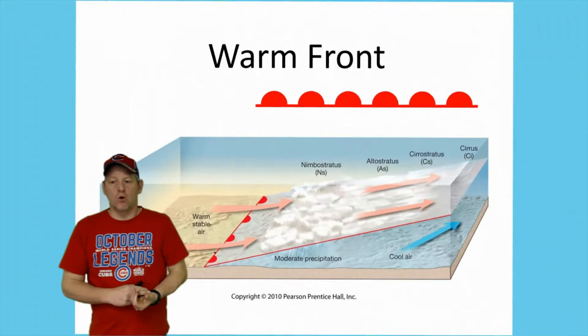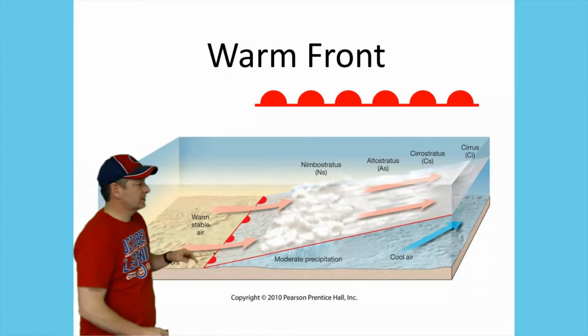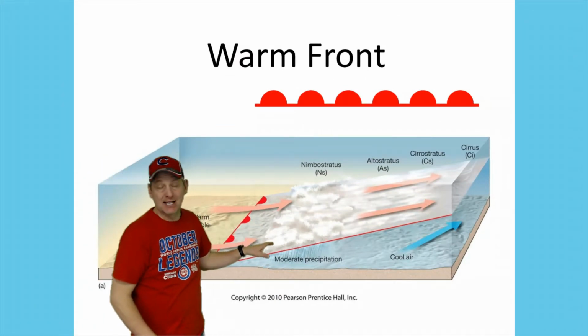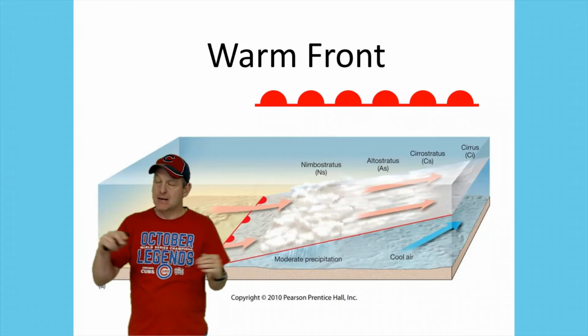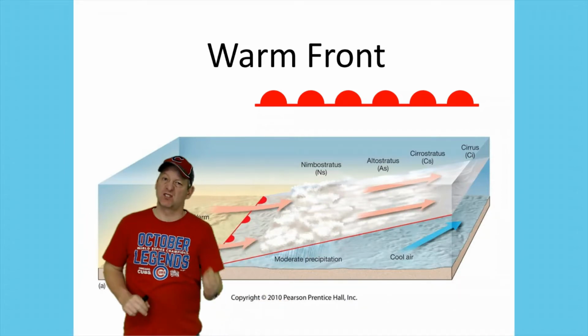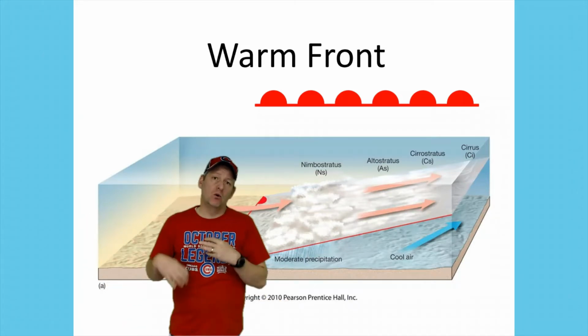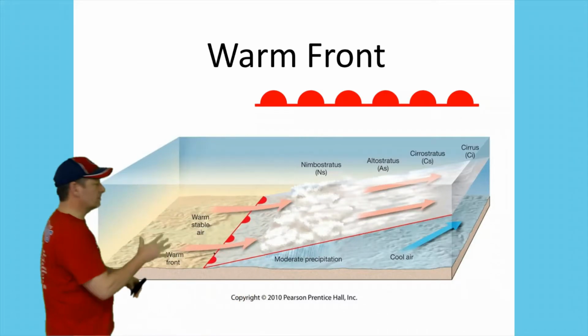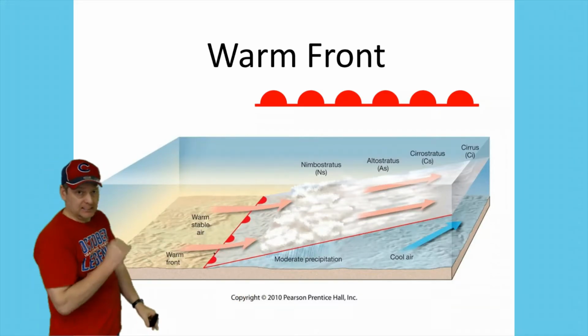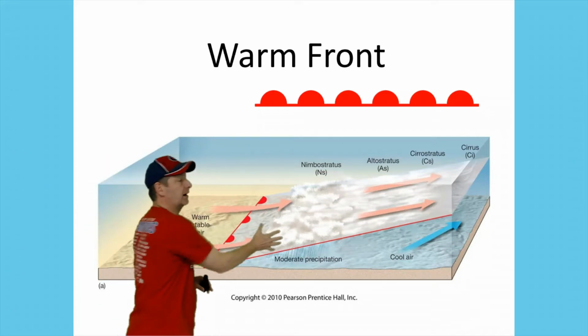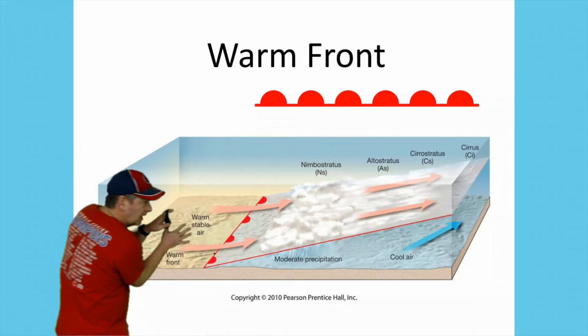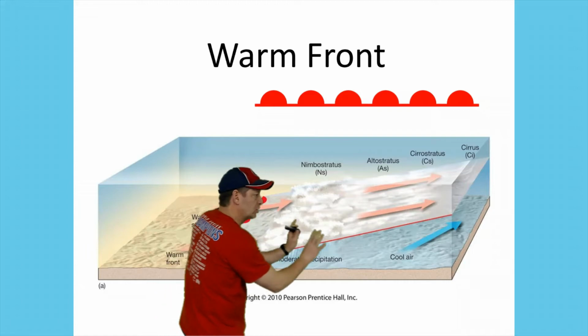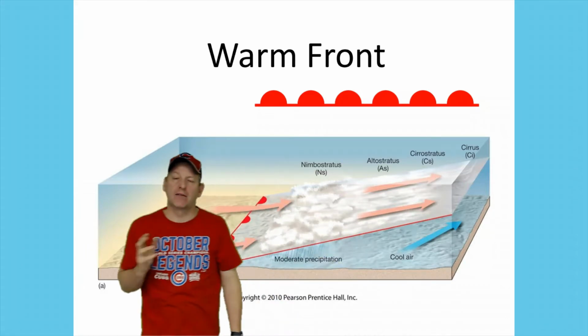All right, let's go to the warm front here. So a warm front looks a little bit different. You'll notice that this is not as steep. It's more of a nice gradual wedge, where the other one was this big wall that came up. So a warm front is where we have warm air right here. It has more energy in it than the cold air, and that warm air is going to come in and push that cold air out of the way.